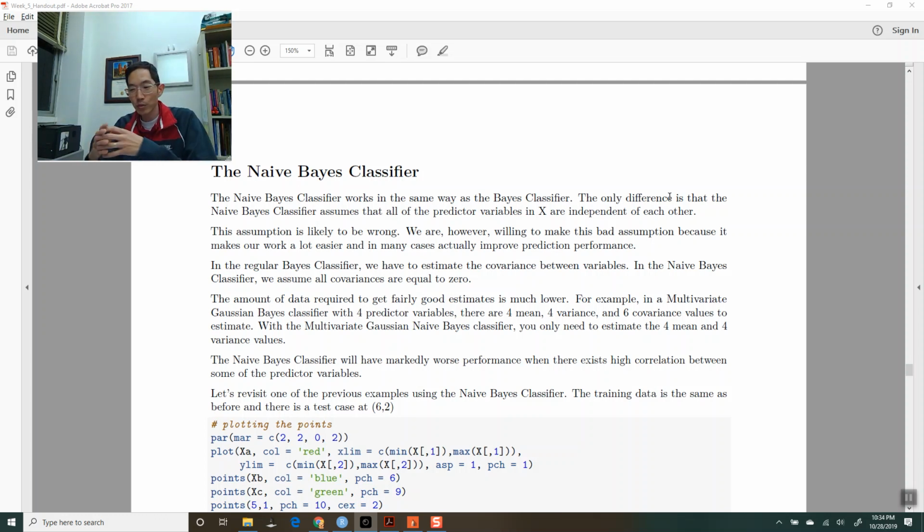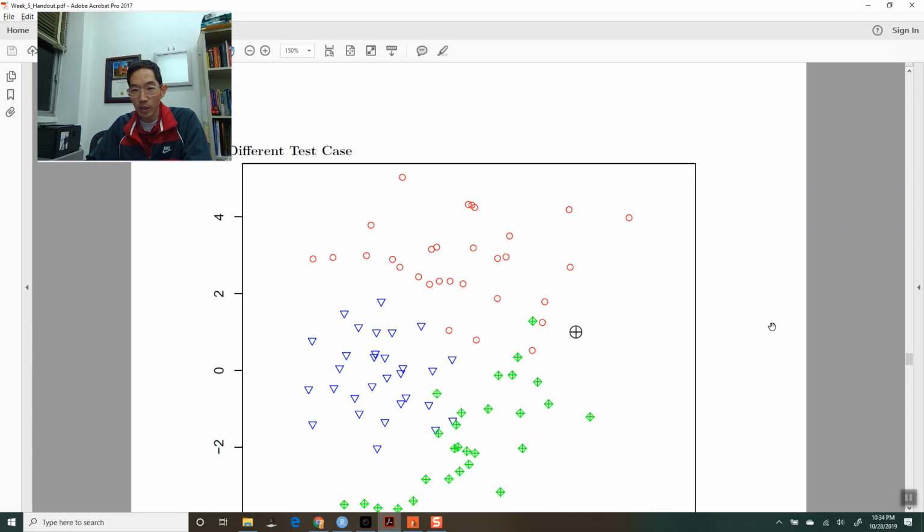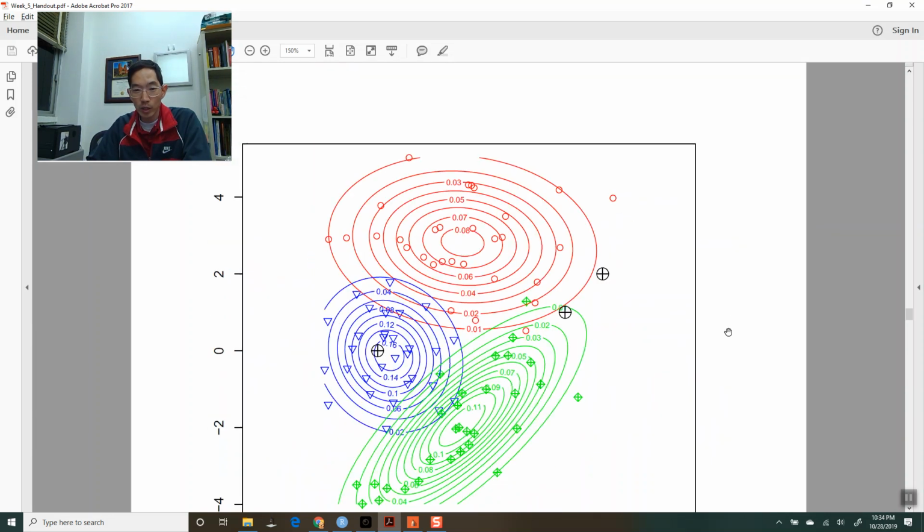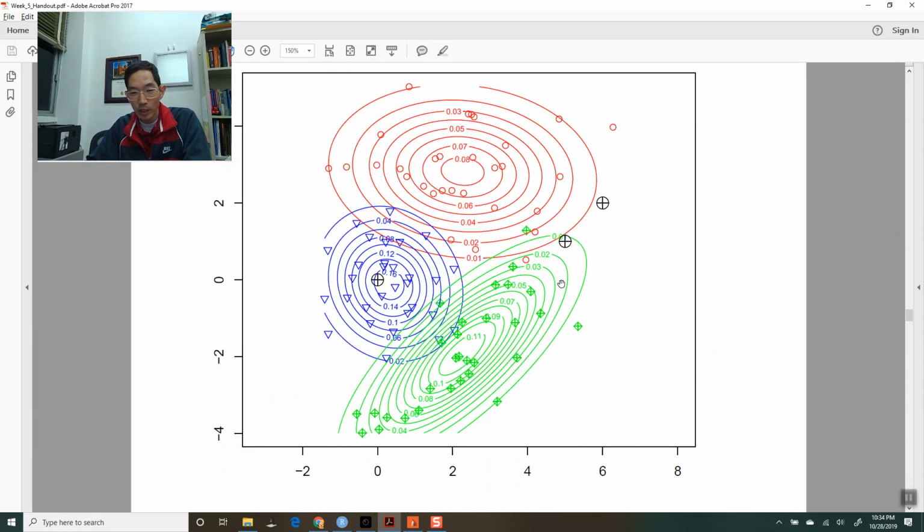It is going to assume that all of the predictor variables in X are independent of each other. Okay? Which in our case means that when we make our predictions, we're not going to have any covariance between the X1 and X2 variables.